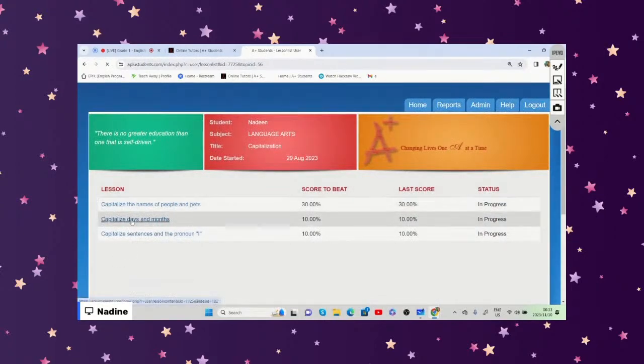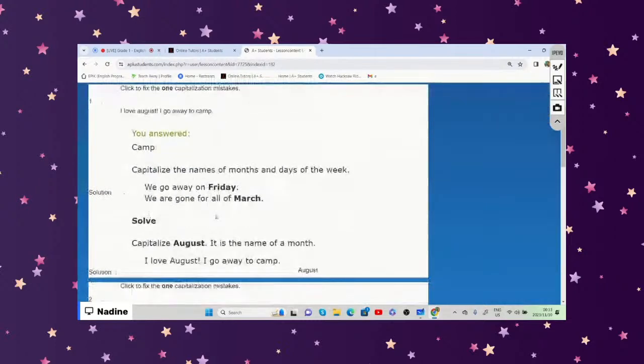So now we're going to capitalize days and months. Days of the week, months of the year. That is what we are going to capitalize. Remember, days of the week, months of the year.